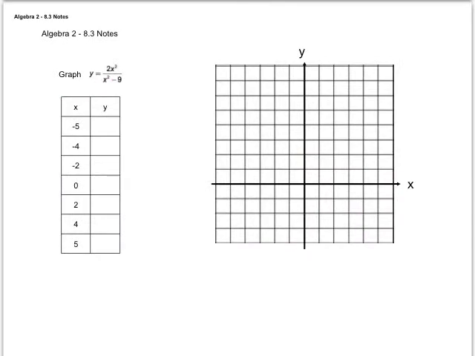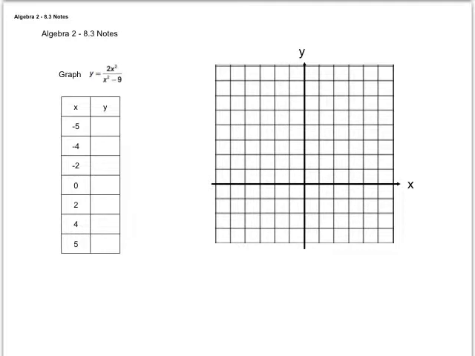Alright, so let's graph this guy, y equals 2x squared over x squared minus 9. And with our looking for our asymptotes, let's go ahead and compare the degree on the top with the degree on the bottom, and hey, they're the same. And since they're the same, what we want to do is pick a value that gives us our horizontal asymptote from that.